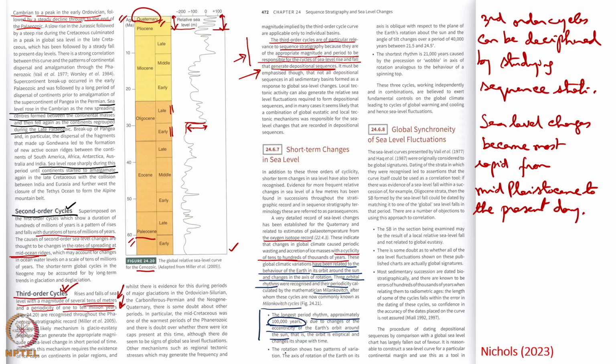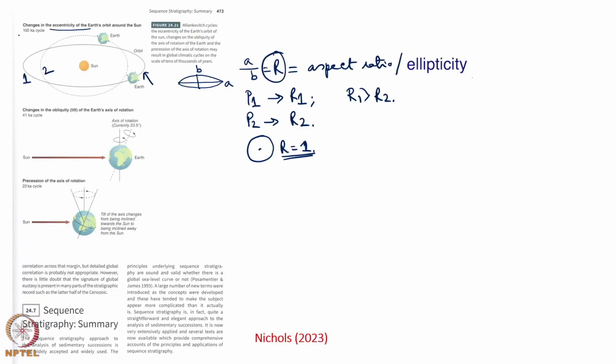The second change is the obliquity. While the earth is rotating around the sun, the axis of rotation of the earth on its axis is oblique with respect to the plane of the earth's rotation, and the angle or tilt changes over a period of 40,000 years between 21.5 degrees and 24.5 degrees. The 100 kilo year cycle is related to the eccentricity.